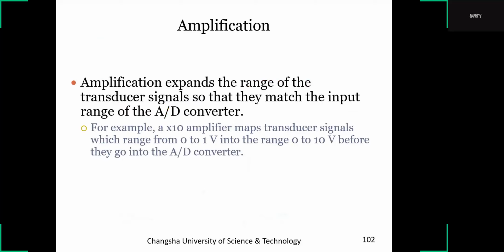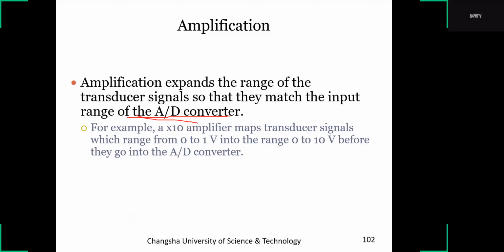Amplification expands the range of the transducer signal so that it matches the input range of the AD converter.